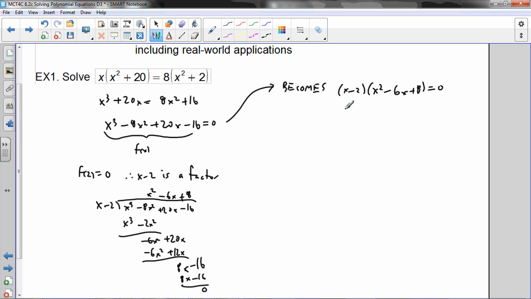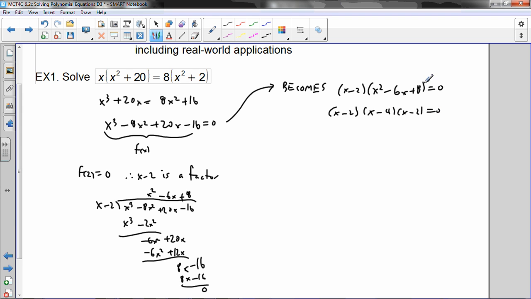So that, I see x equals 2, and this hopefully factors. If not, we could use the quadratic formula, and some of you, instead of factoring quadratics, might skip right to the formula, but I think this factors. I think it's minus 4 and minus 2.